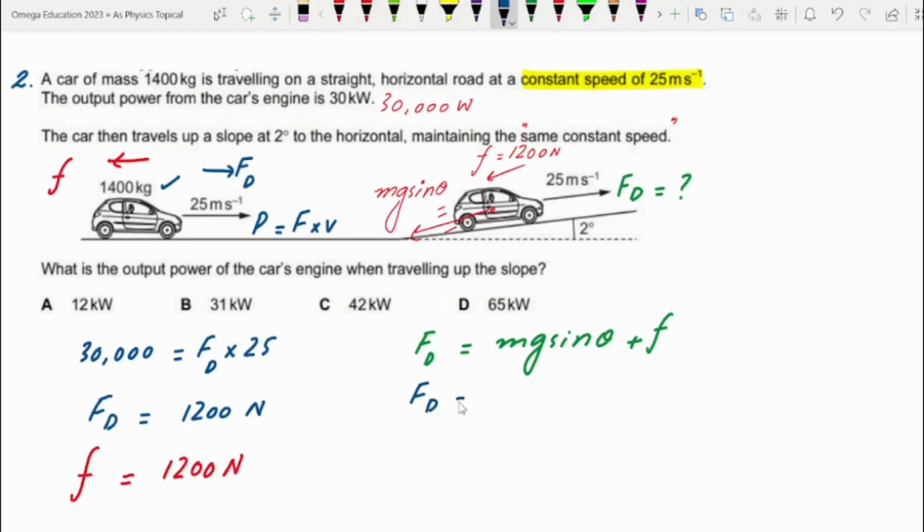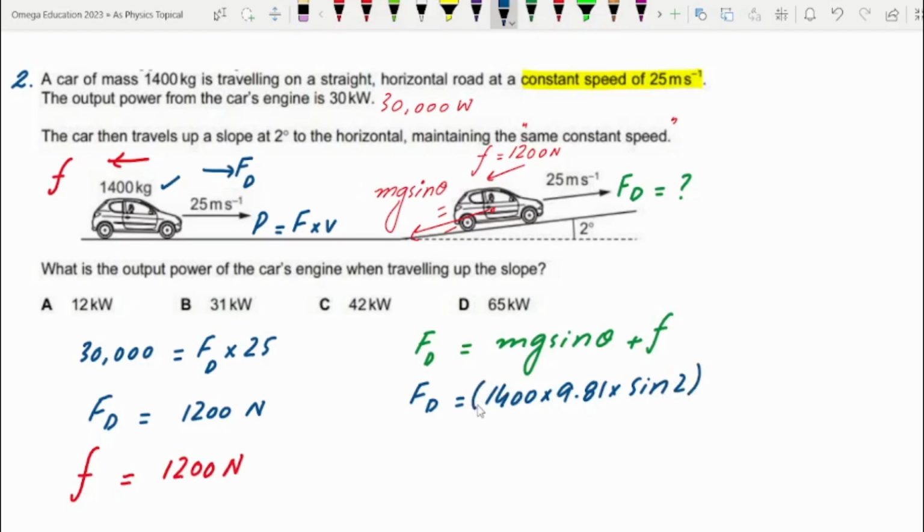It should be greater than 1200, because we have to compensate not only for the friction or air resistance, but also for the component of weight that will try to drag the vehicle down the ramp, which is mg sine theta. So what is mg sine theta? The mass of the car is 1400, so 1400 times 9.81 times sine 2.